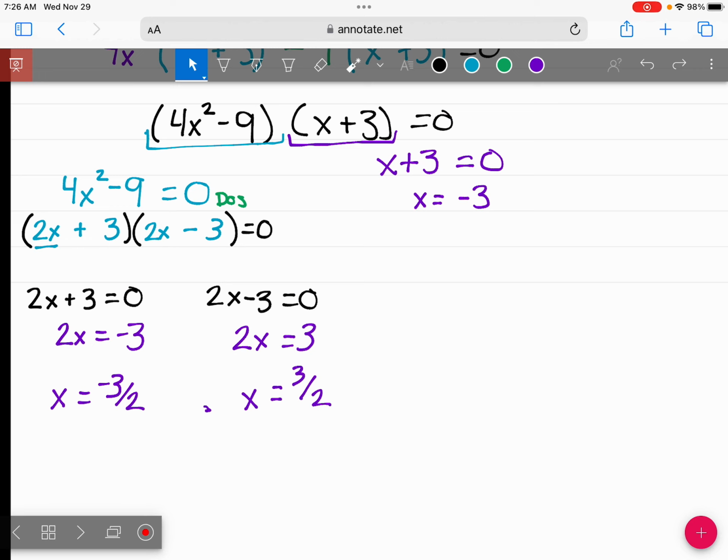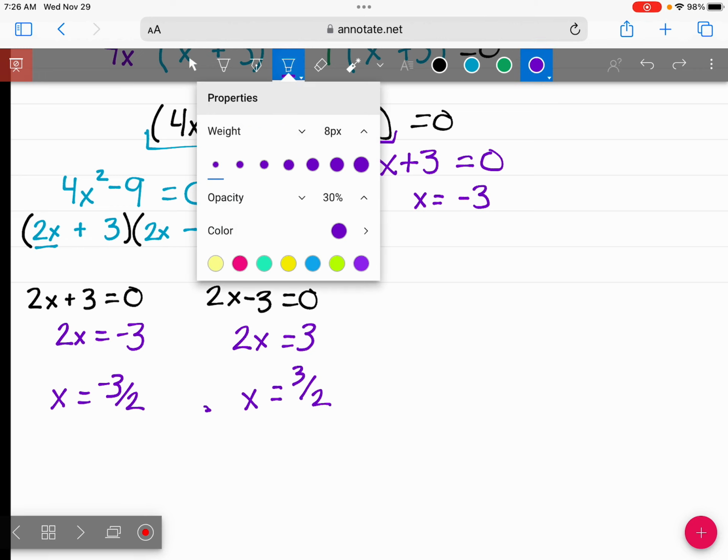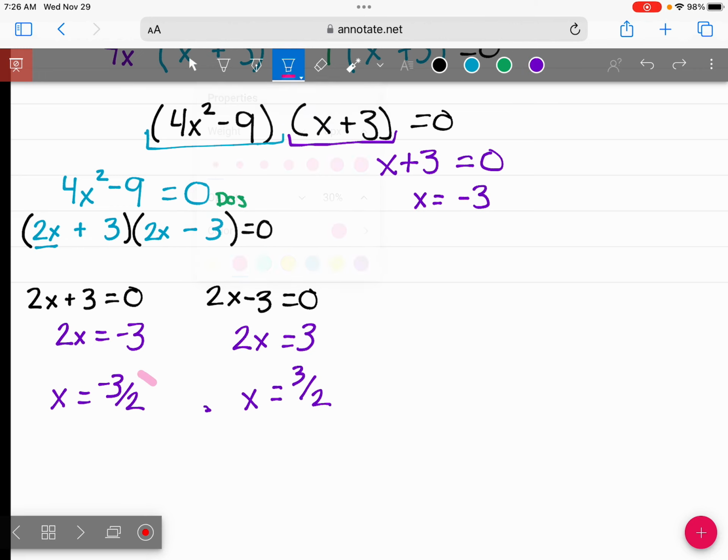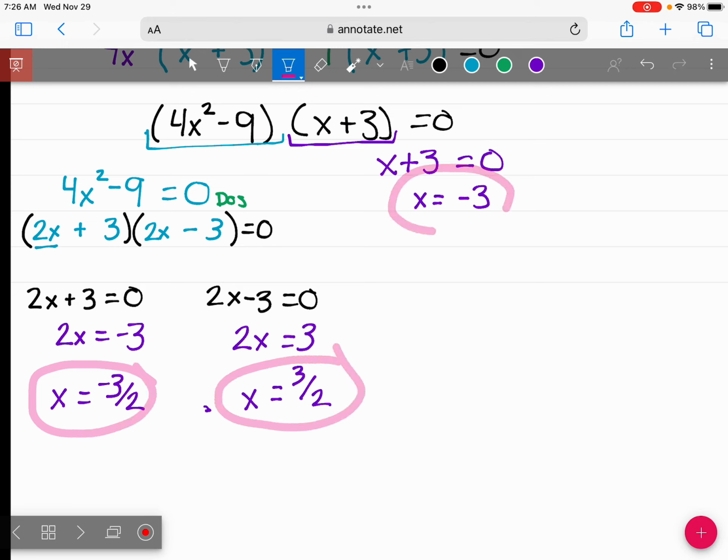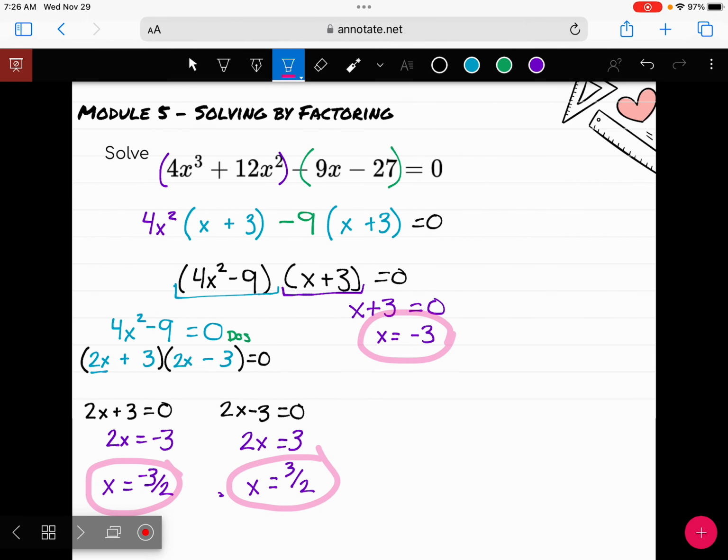So our solutions to this polynomial, our answers, are negative 3 halves, positive 3 halves, and negative 3. So other pieces will pop up again and we have to deal with them again.